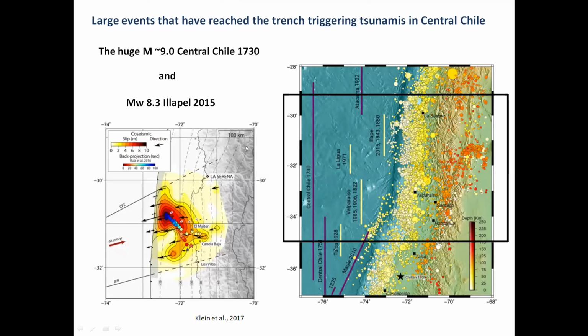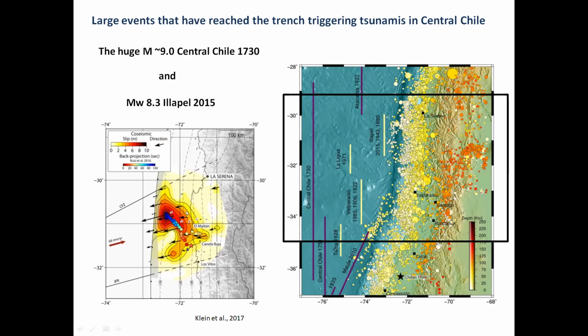Then if we do a short summary of which historical earthquakes in the last centuries have occurred with a rupture that broke close to the trench, we have, of course, the largest one, almost magnitude 9 maybe, the 1730, with a big tsunami. And also the Illapel earthquake, and this is its slip distribution. There are many models. Here I put one from Emil Klein, but mostly the slip models are very similar.